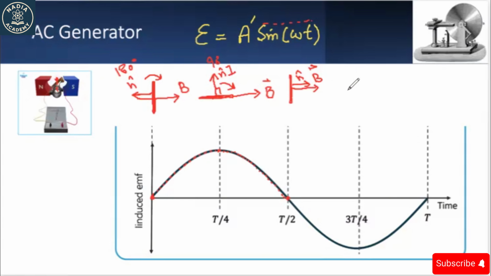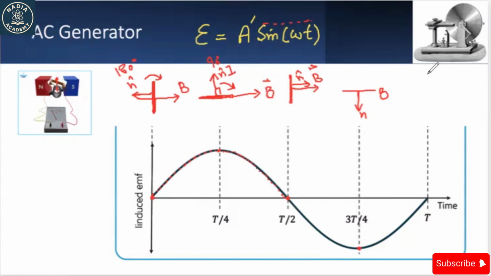And when we move 90 degrees more, now our area is over here and B is over here. You can see that this is the situation of 270 degrees. So we will be at max, but with a negative sign.